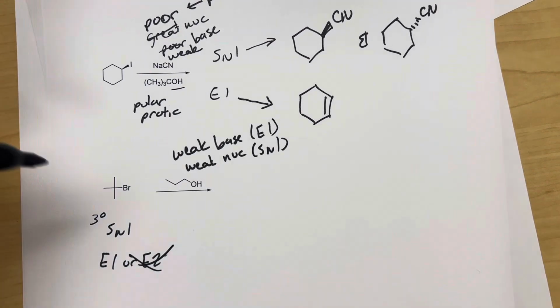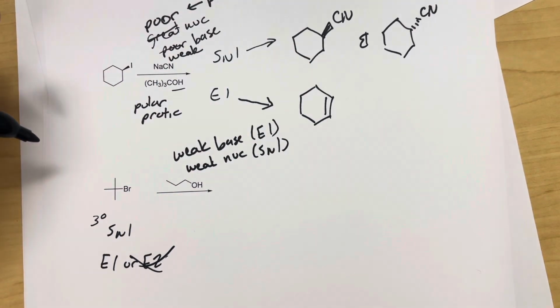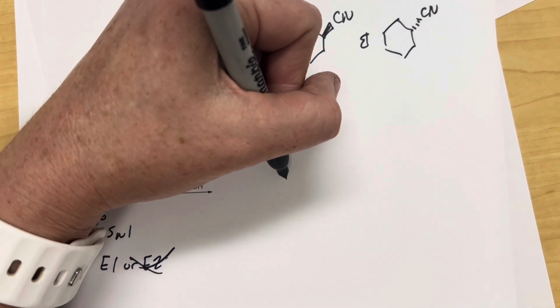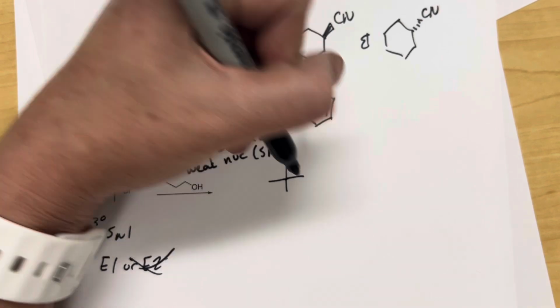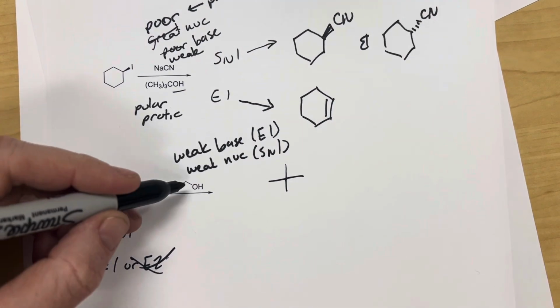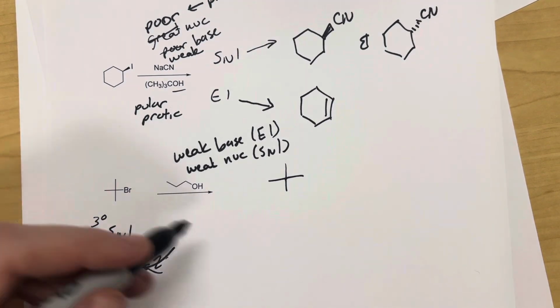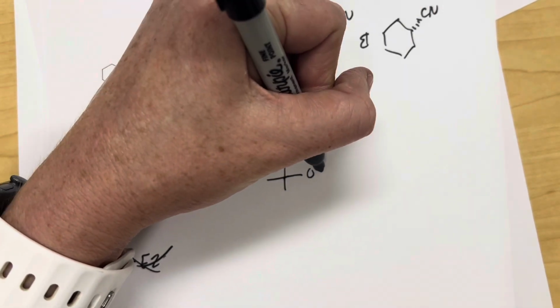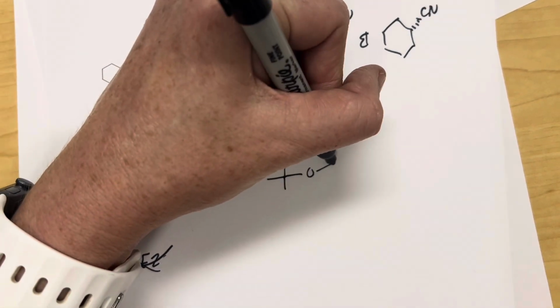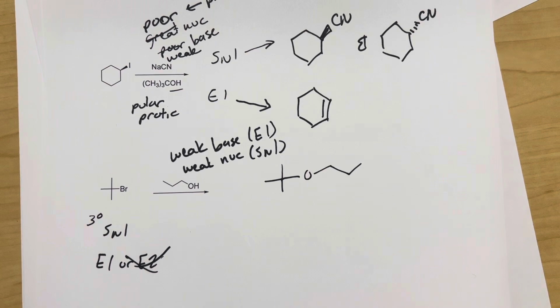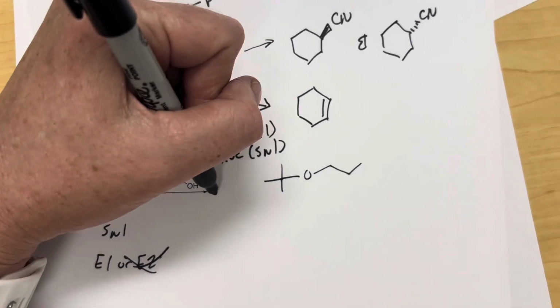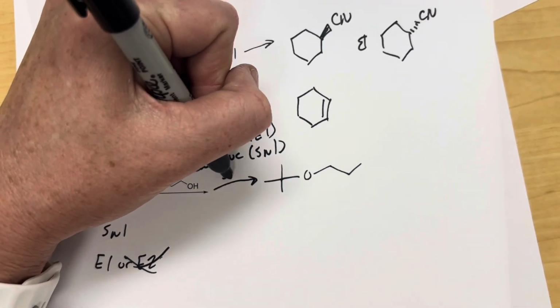Okay. So for an E1 reaction, or excuse me, for an SN1 reaction, remember the leaving group would leave, then this oxygen is going to come in and attack, then the H is going to go off. We'll end up with an O, and then it's got 3 carbons on it, like that. So this one's via the SN1.